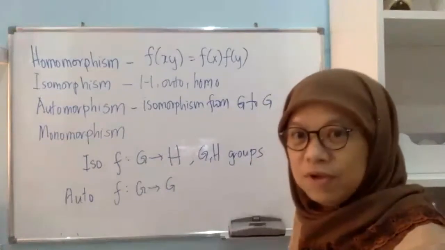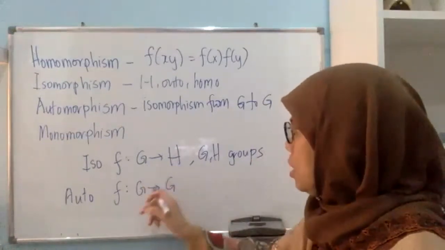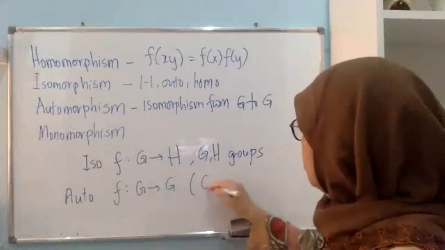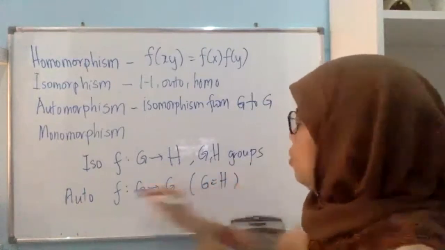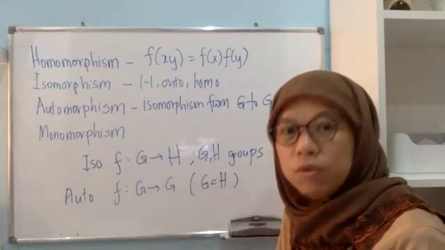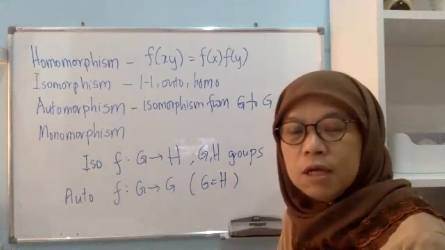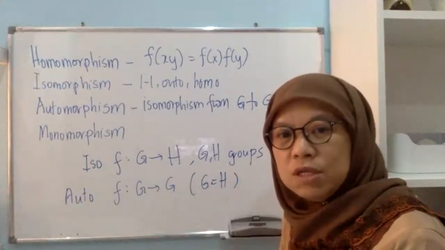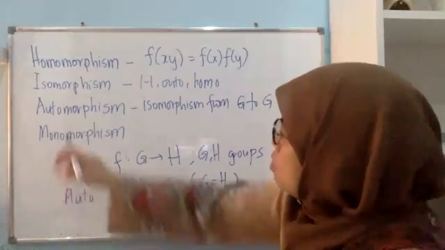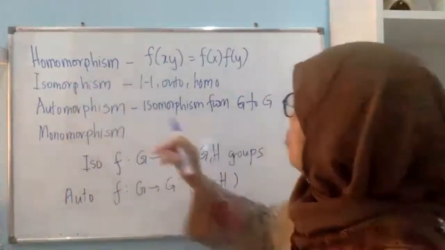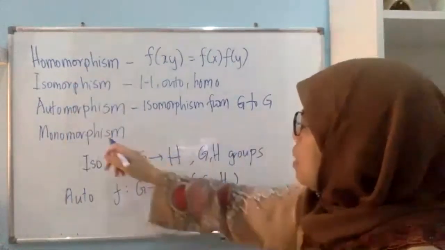Okay, that is the difference. When G is equal to H, we can just say automorphism. So automorphism is an isomorphism when G is equal to H.